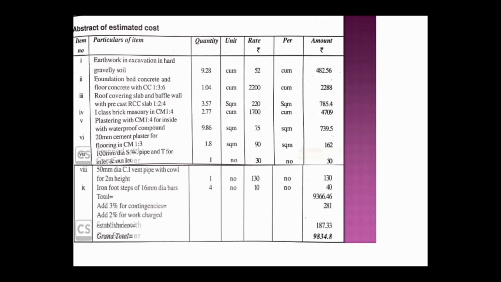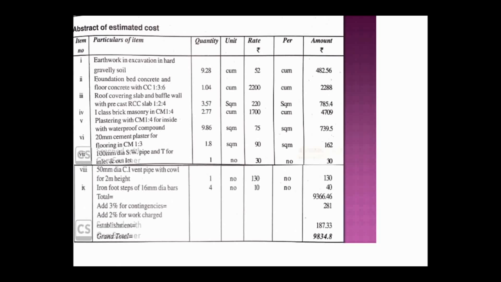Whatever amount we had got at the total, 3% of that amount is the contingency, again 2% of the same amount is your work charge establishment. That is, 3% of 9,366 is 281, and 2% of 9,360 is 187.